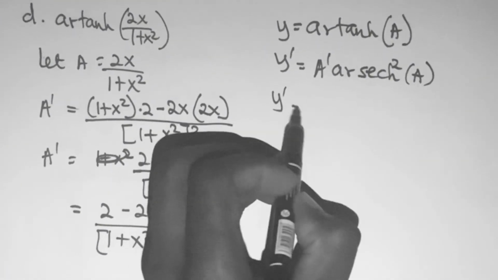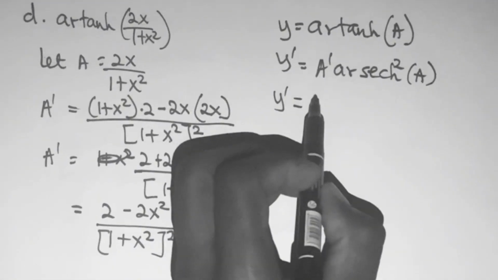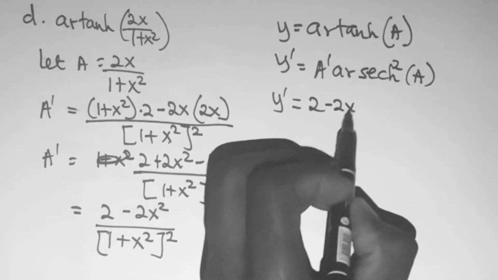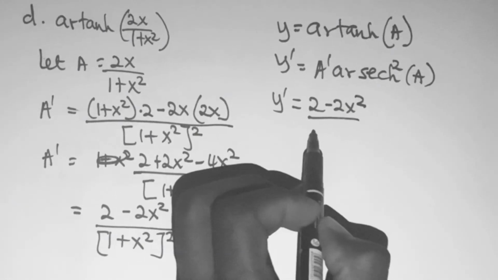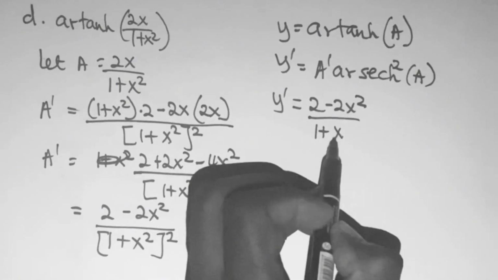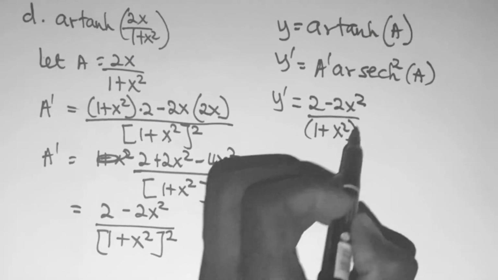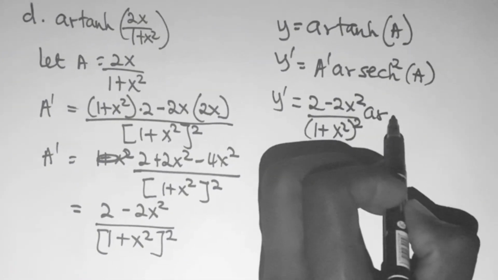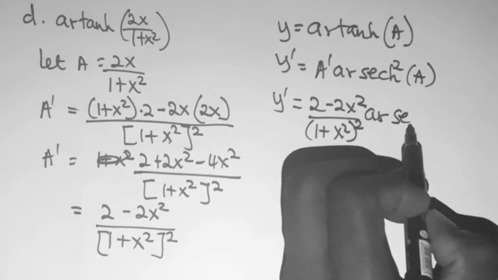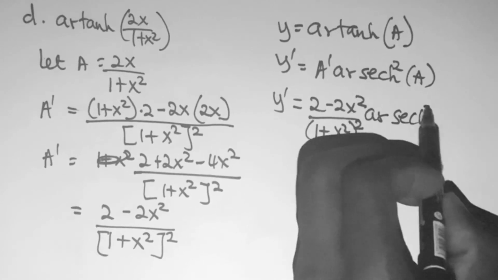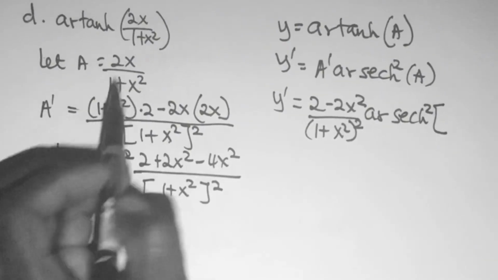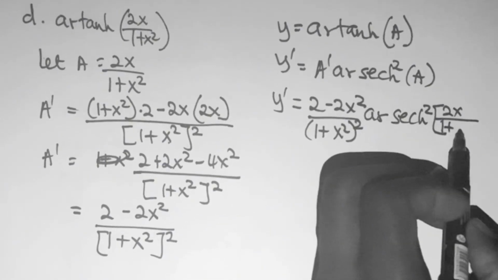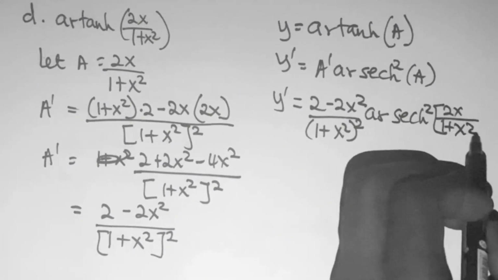But then we know a prime. A prime is this value, which is 2 minus 2x squared divided by 1 plus x squared all squared. Then hyperbolic sech squared, then a is 2x divided by 1 plus x squared.